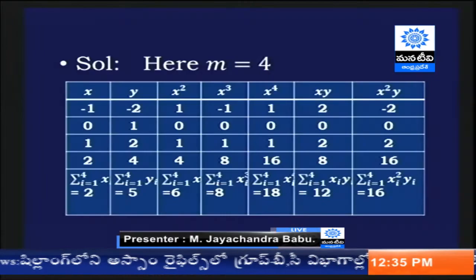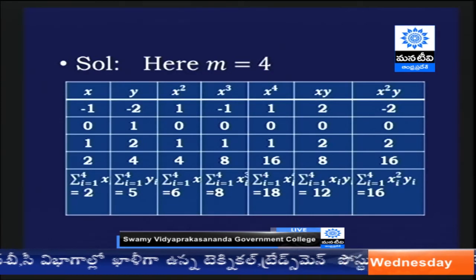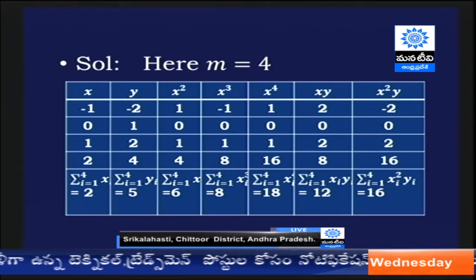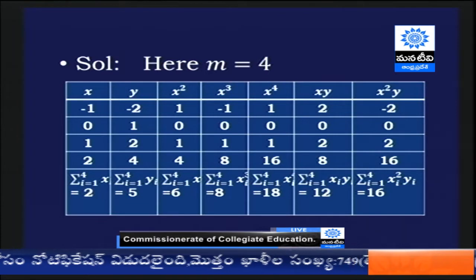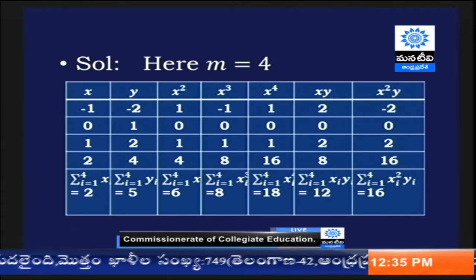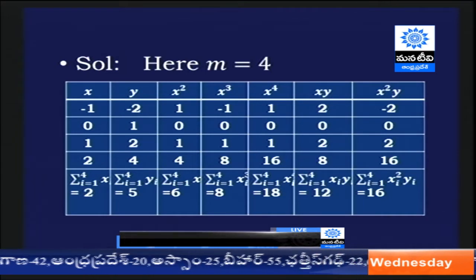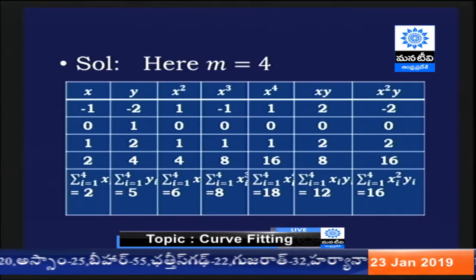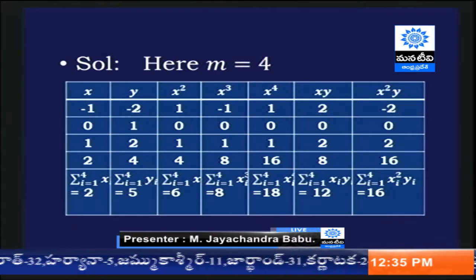So, summation of x_i equal to 2, summation of y_i equal to 5, summation of x_i square equal to 6, summation of x_i cube equal to 8, summation of x_i power 4 equal to 18, summation of x_i y_i equal to 12, summation of x_i square y_i equal to 16.